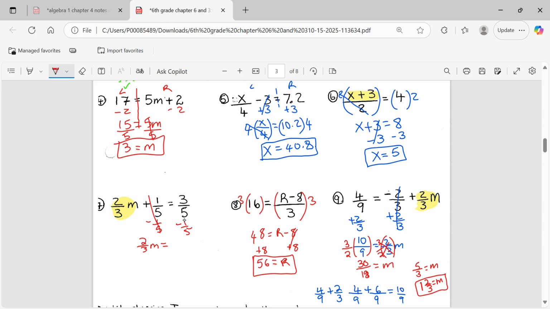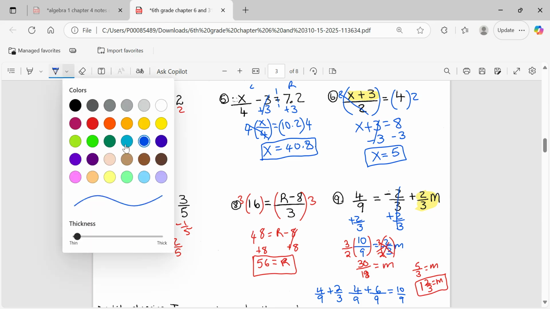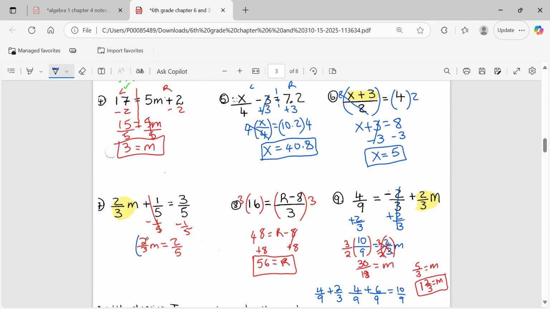I'm sorry, 3/5 minus 1/5, which will give me 2/5. Now to get m all by itself, I'm going to do the inverse, the opposite of multiplication, which is division. But when I divide by a fraction, I actually multiply by the reciprocal. That's what's going to give me 1m.